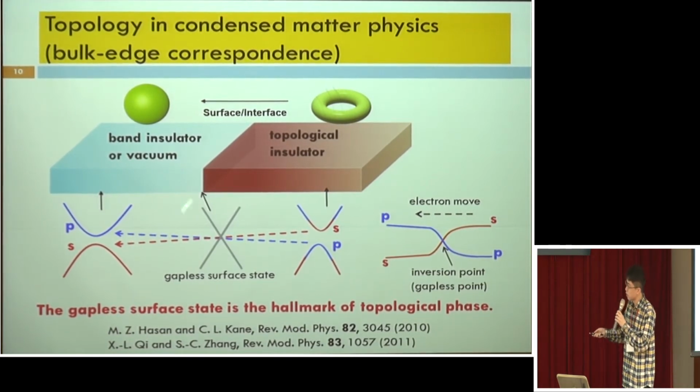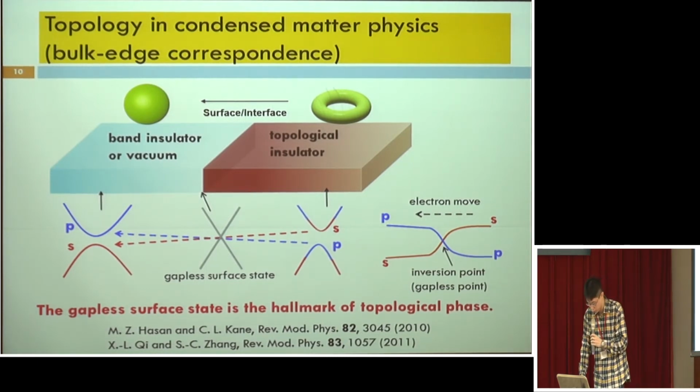The surface state in the topological phase is very robust. Small external perturbations cannot destroy this surface state because it results from the bulk topology. And the most important thing is that this surface state is the only measurable quantity to judge the topological phase in experiments. So I say the gapless surface state is the hallmark of the topological phase in topological materials.